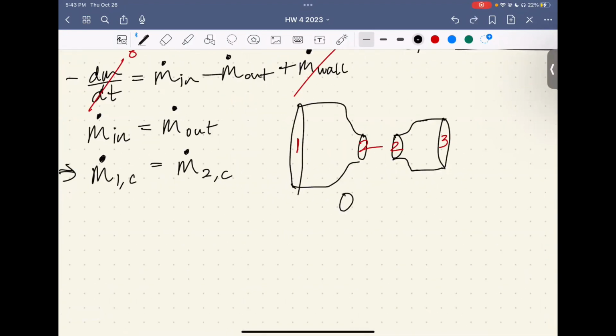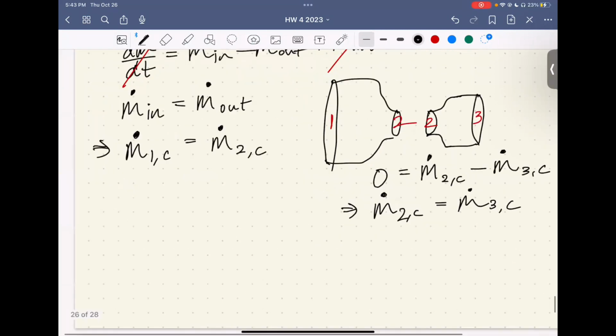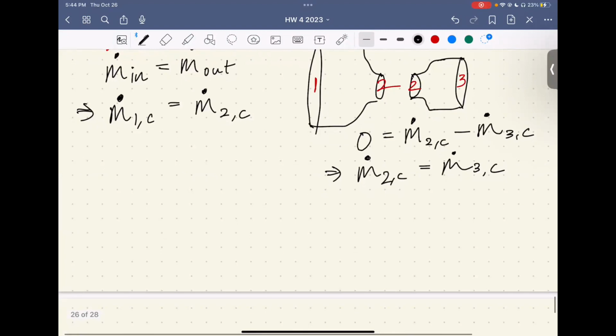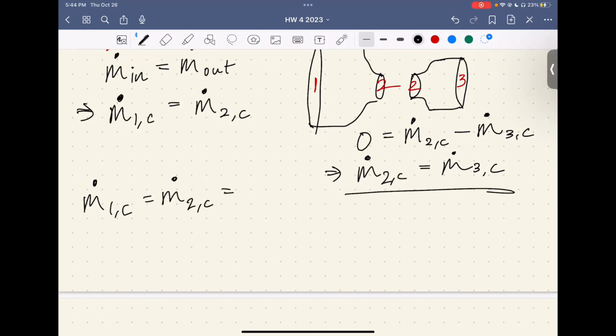So 0 is equal to m dot 2 catheter minus m dot 3 catheter. So that means we have m dot 2 catheter is equal to m dot 3 catheter. So that means we can combine all 2 of these statements, sorry. So we have m dot 1C is equal to m dot 2C, and because we said over here m dot 2C is equal to 3C, we can write m dot 3C.